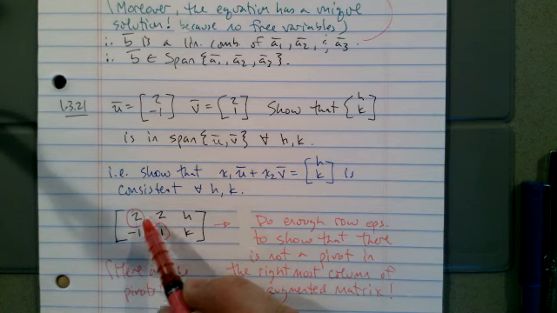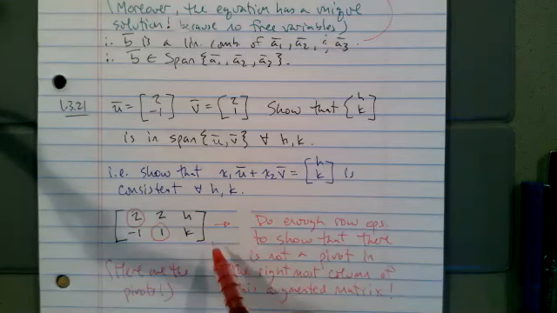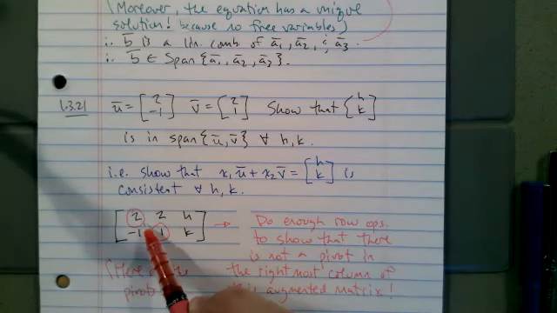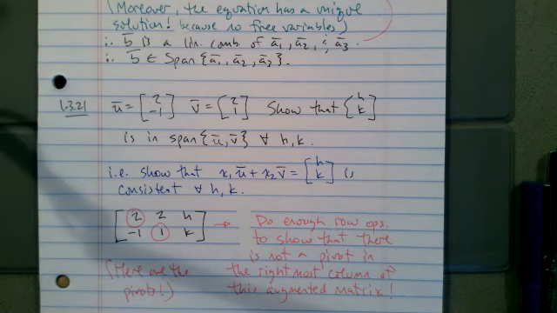You can switch them to get a +1 here. Then you do half the first row plus the second row. It doesn't zero this out. This becomes a 2. We'll divide this by 2. There's a pivot in the first row, first column, second row, second column. There can't be a pivot in this column, because there's only one pivot per row. And if there's a pivot in the second column, there's not going to be a pivot in the third column.